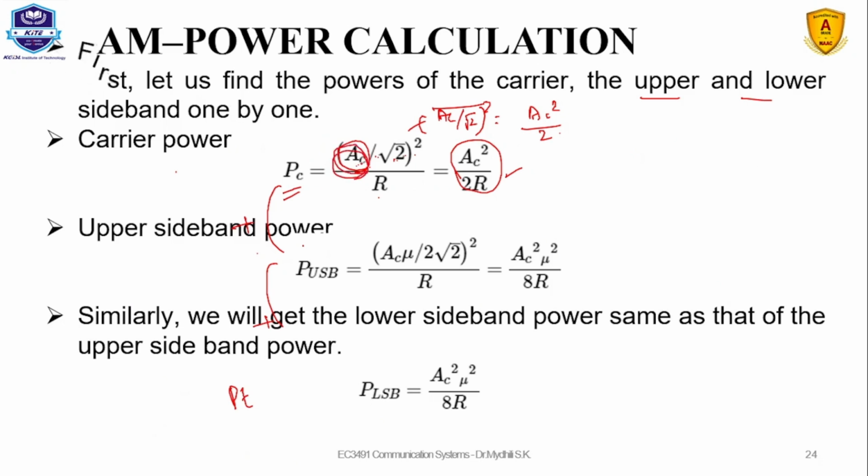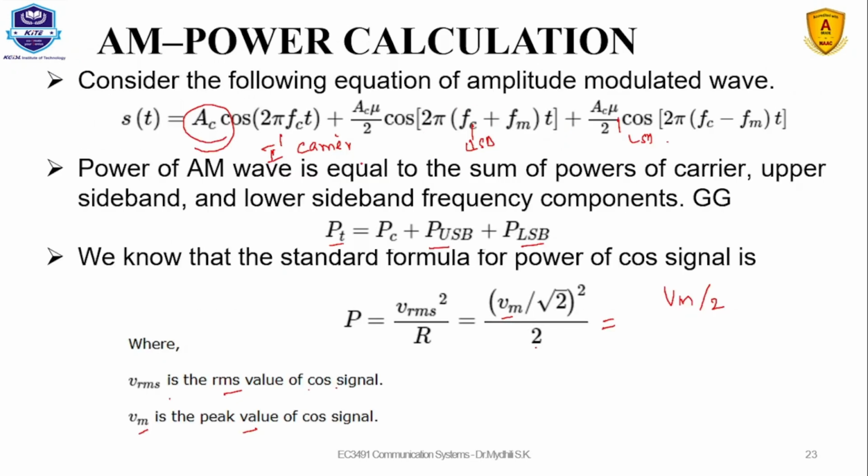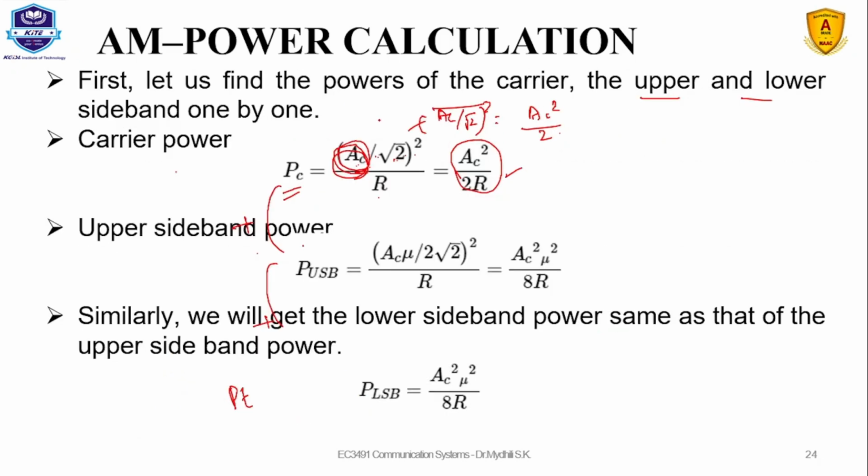Whereas in terms of upper sideband or lower sideband power, you could see here both the upper sideband and lower sideband have a common factor of Vc into mu by 2. So that term is very important, and that term is taken and replaced instead of this V. So it is Vc mu by 2 divided by square root of 2 the whole square. So solving it, you will be getting AC square mu square or MA square divided by 8 into R.